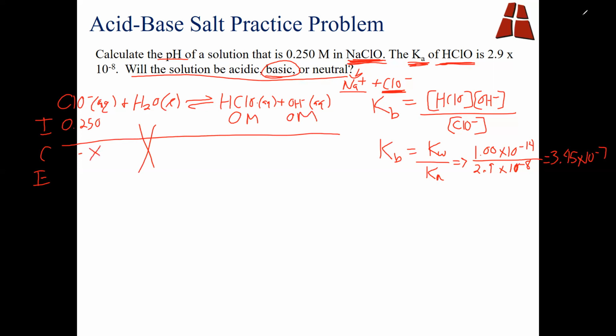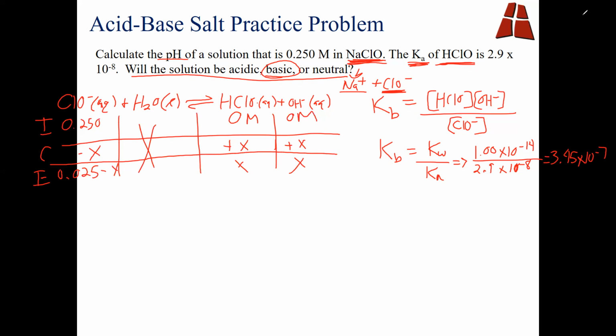We have minus X, plus X, plus X. Then at equilibrium, we'll have our initial concentration minus X, X, and X. Okay, so we've built our ice chart.